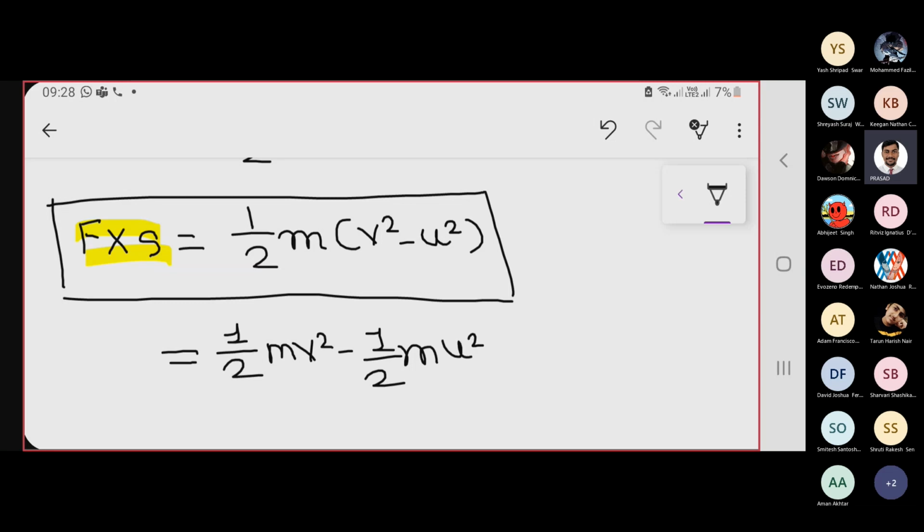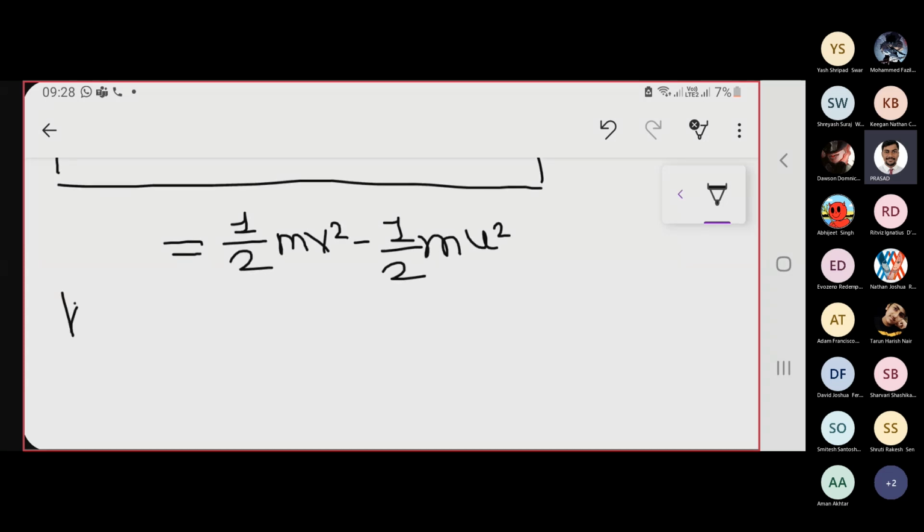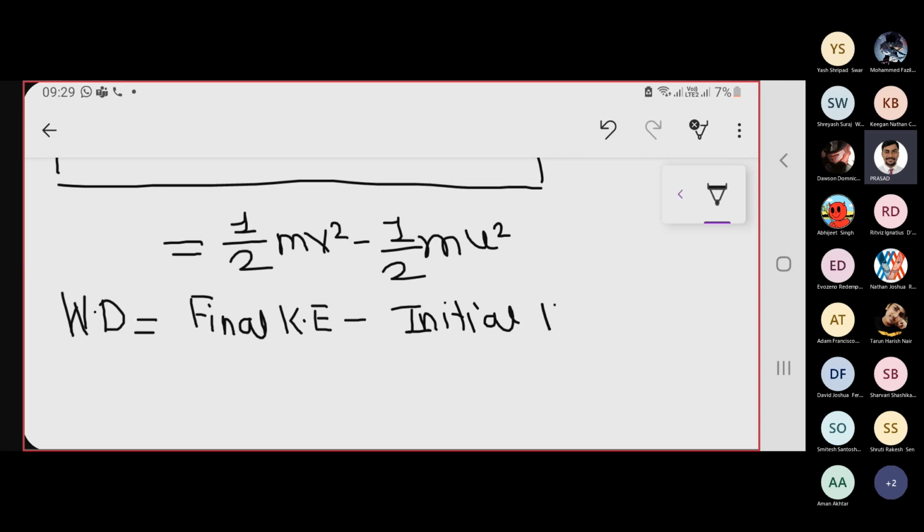So we can write the statement that work done is equal to the subtraction of kinetic energy at the final point and kinetic energy at the initial point. Please note down this equation: work done is equal to the final kinetic energy minus initial kinetic energy.